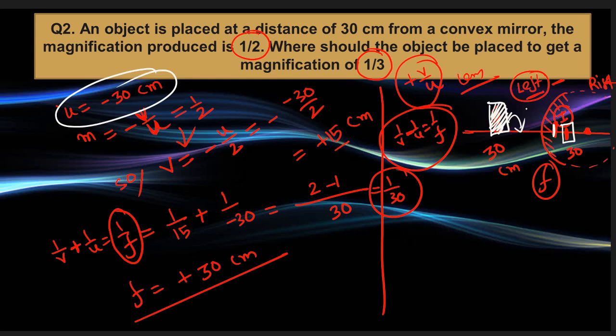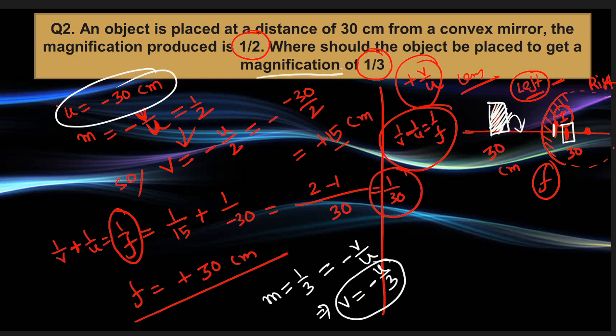Now the given magnification is 1/3. I know that m is minus of v by u, or we can say that v equal to minus of u by 3. This relation we will use for the second part. Second part, let's use the formula 1 by v plus 1 by u equal to 1 by f.